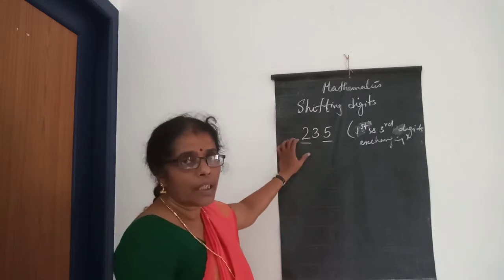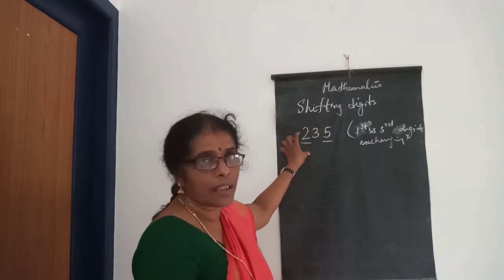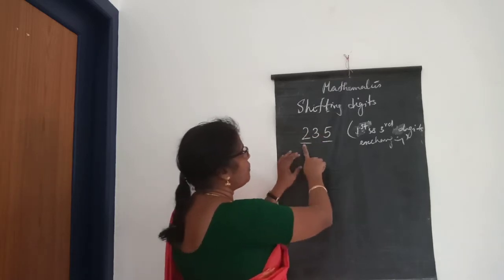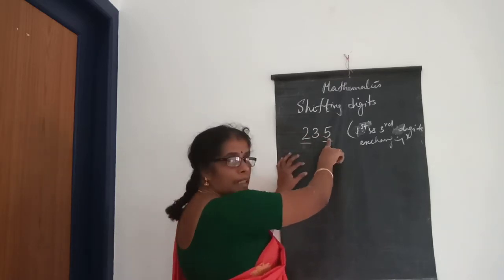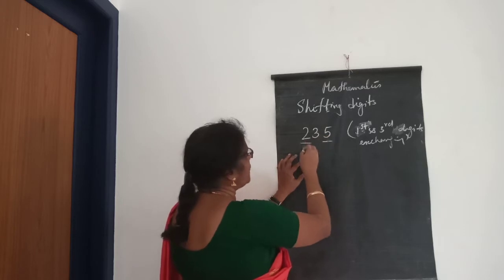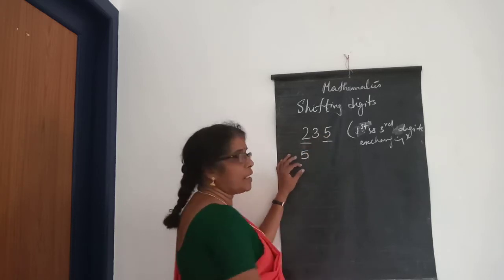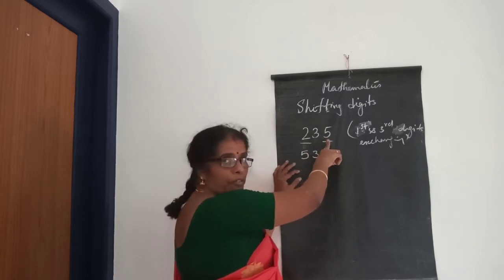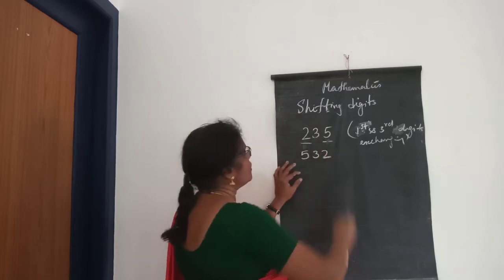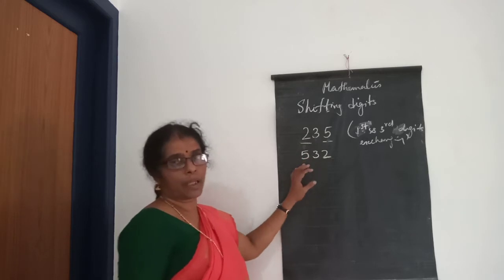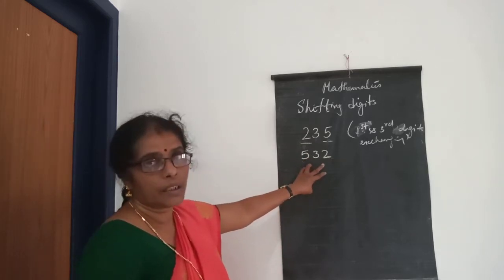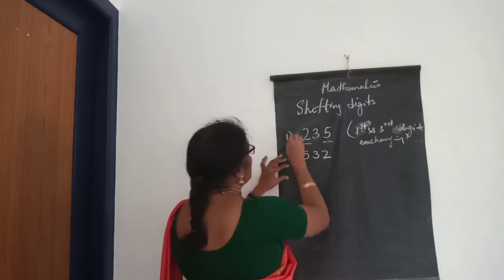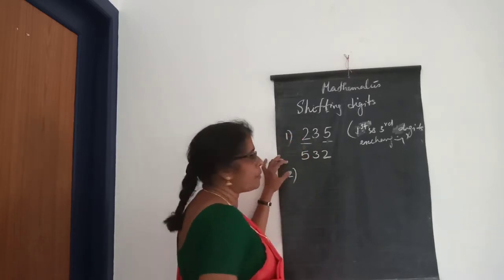So when we exchange these two digits, in the place of 2, that will be 5, and 3 stays, and in the place of 5, 2. So this 235 becomes 532.